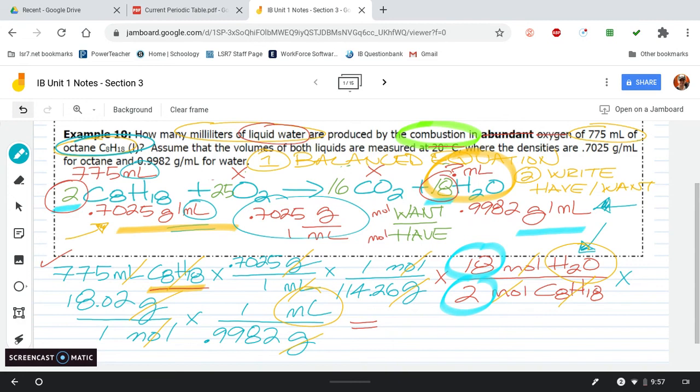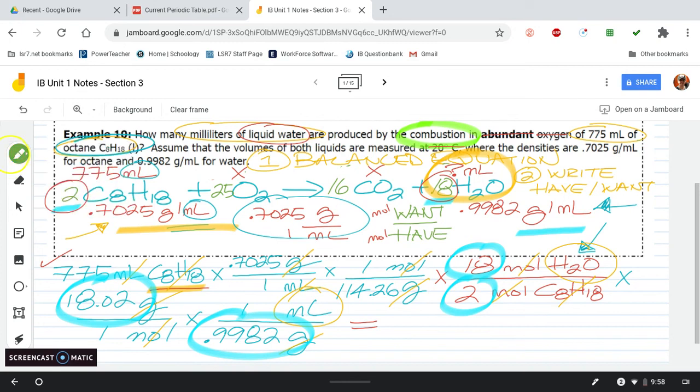It's the same as multiplying by 9, but that's the best way to do it. Multiply by 18, then divide by 2. This is on top, so I'm going to multiply by 18.02, hit enter, and then that's on the bottom, so I'm going to divide by 0.9982.